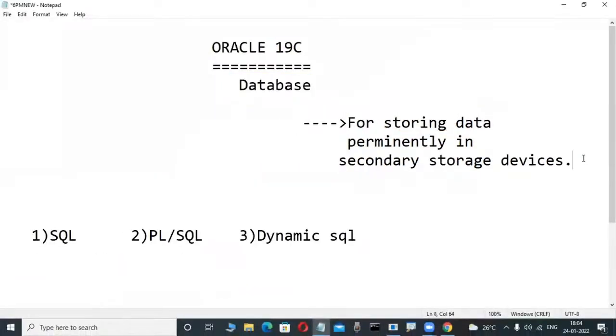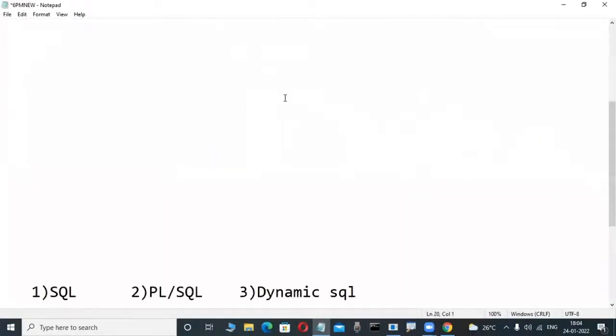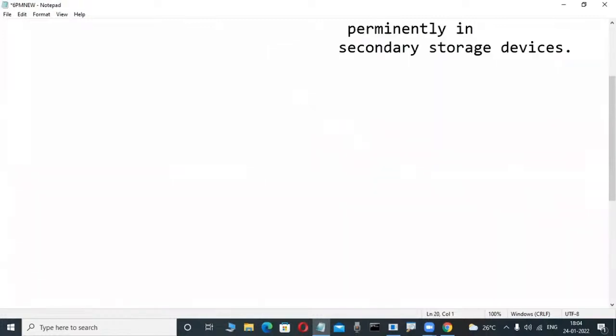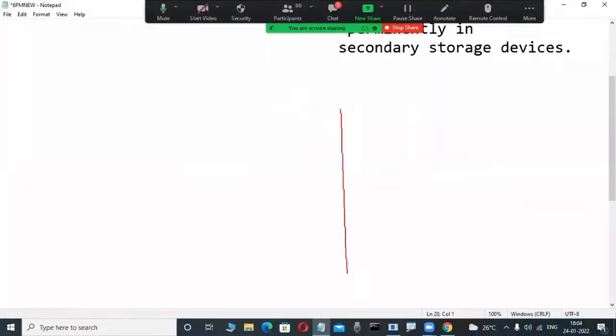In the previous classes, I told that a database is a place. Whenever we install Oracle, SQL Server, DB2, or these types of databases in our system, automatically one place is created.